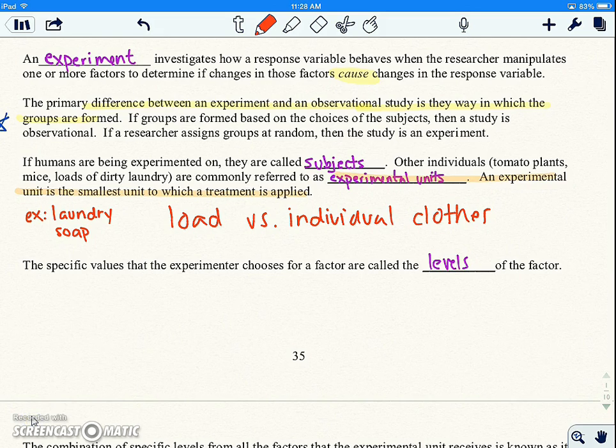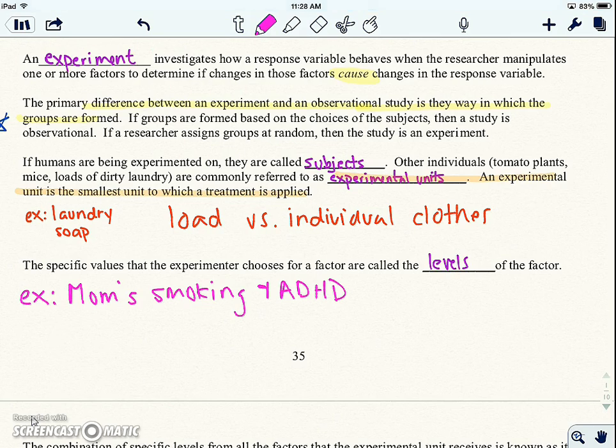Now let's talk about levels, okay? So let's say we are horrible people, and we're going to ask moms to do an experiment. So, for example, moms smoking and ADHD. Okay, the levels, we could have 3 levels.